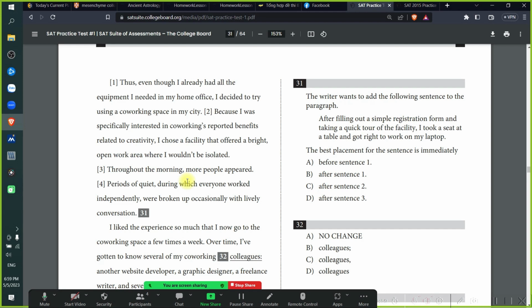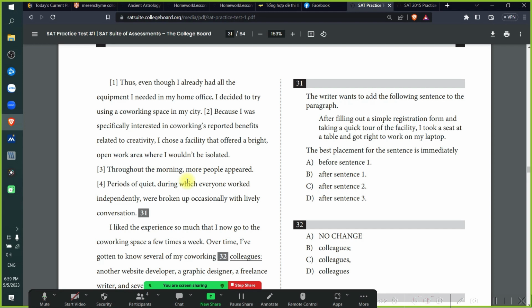Sau khi điền vào cái đơn đăng ký đơn thuần và đi một cái tour ngắn xung quanh cơ sở này, tôi ngồi xuống ở cái bàn và nhào ngay vào công việc trên cái máy laptop của tôi. The best placement of the sentence immediately where? Nên đặt cái câu này tốt nhất ở ngay chỗ nào?